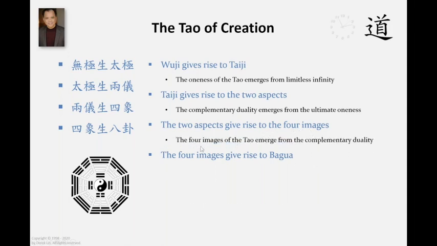I flip them around. The 4 images of the Tao emerge from the complementary duality. And lastly, the 4 images give rise to Bagua. I say the 8 trigrams emerge from the 4 images. So these are just different ways to say the same thing.